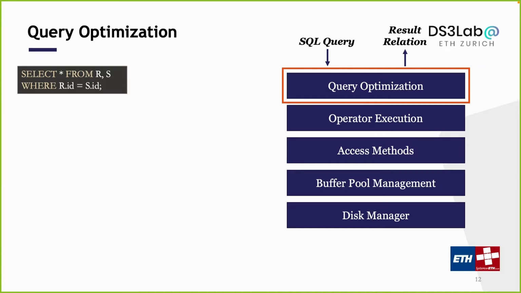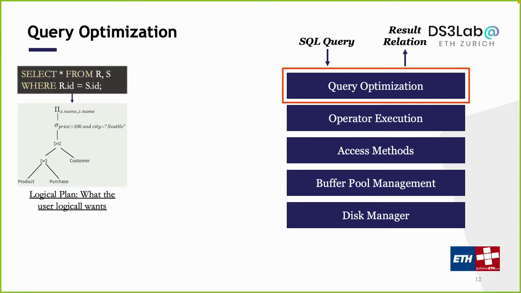You just tell the database, this is what I want. So given this, what happens inside most systems is that it generates what we call a logical plan that tells the database logically what the user really wants in a very precise way. So this is one example logical plan.